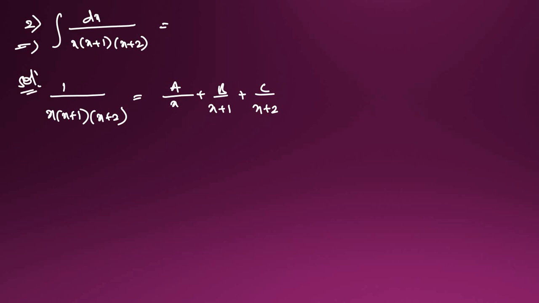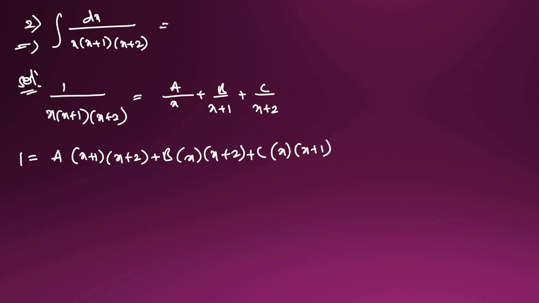After cross multiplication, 1 is equal to a into x plus 1 into x plus 2, plus b into x into x plus 2, plus c into x into x plus 1. If we put x is equal to 1, nothing will happen, so we take x is equal to minus 1 first.